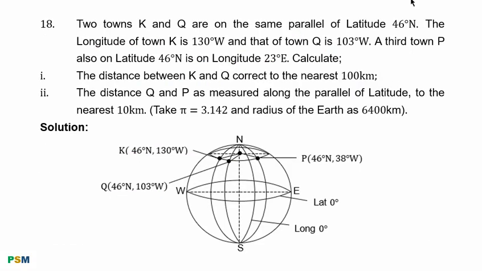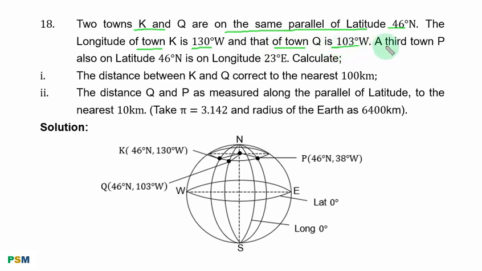Example 18. Two towns K and Q are on the same parallel of latitude 46 degrees north. The longitude of town K is 130 degrees west, and that of town Q is 103 degrees west.